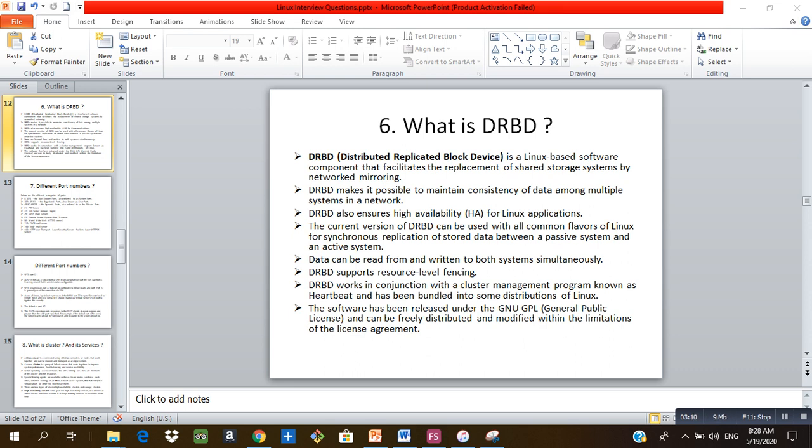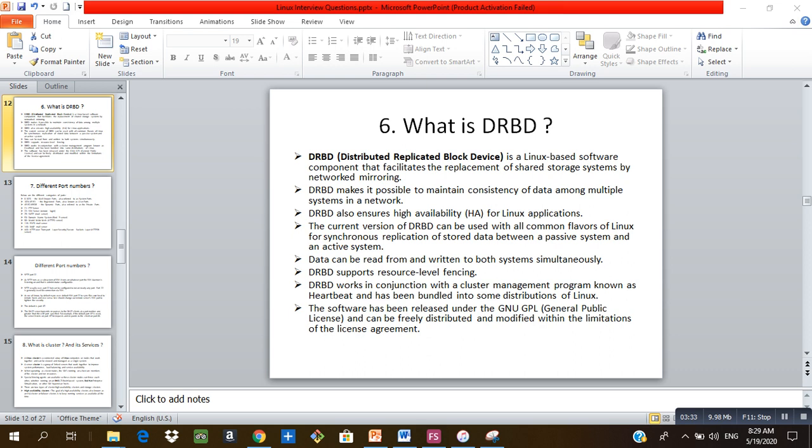It is under the GNU public license and can be freely distributed and modified within the limitation of the license agreement. So these are some of the features about what is DRBD. So if you are asked such a question, you can easily explain it. You can say the points that are mentioned over here.